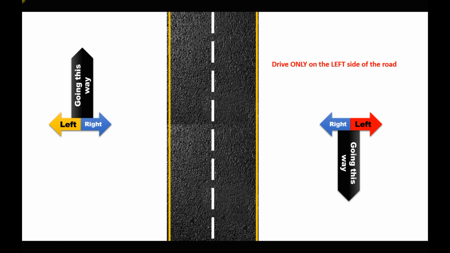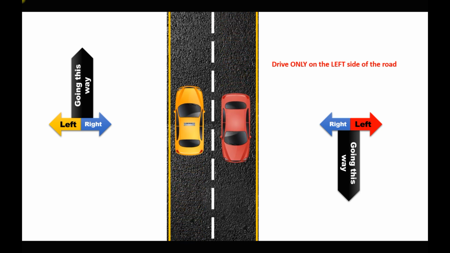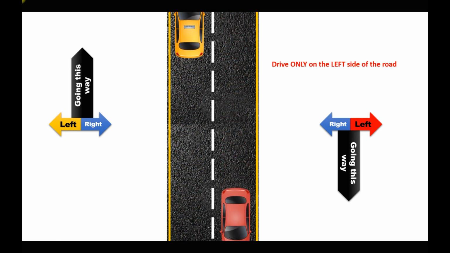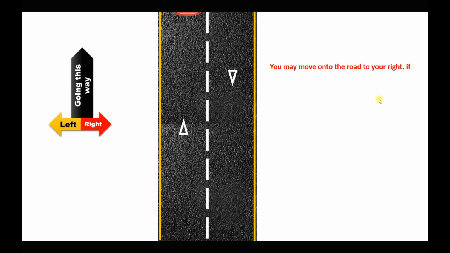If you are facing down, your left will be on your left facing down. So you must always check your left based on which direction you are facing as a driver, which means in your car. The rule says you drive only on the left side of the road. As you can see, the yellow car is driving on its side, the red car is driving on its side. So that is straightforward.